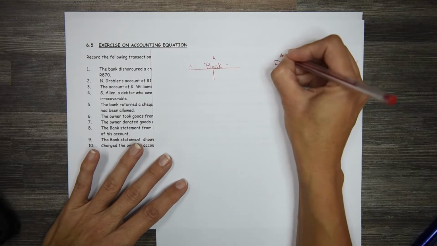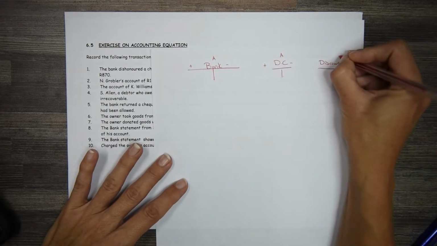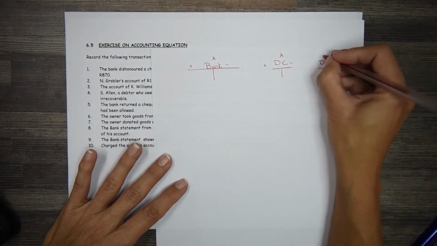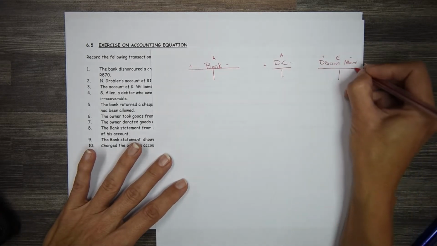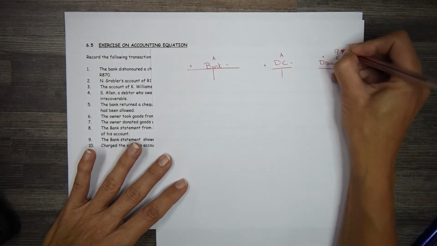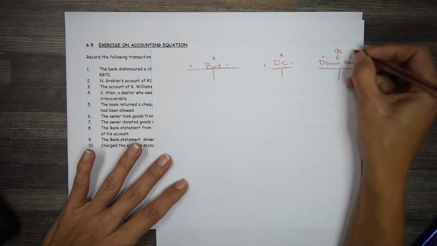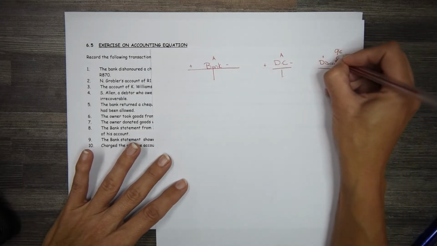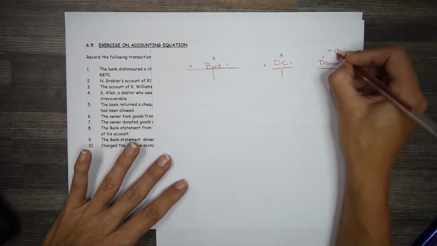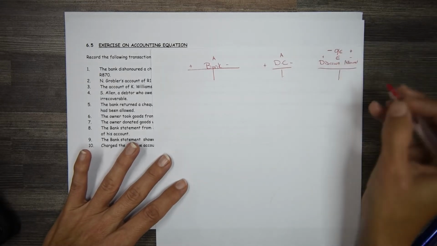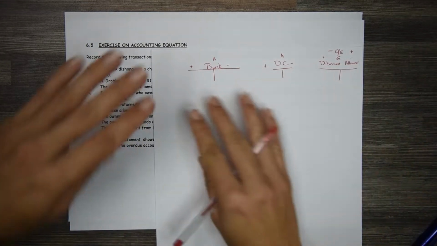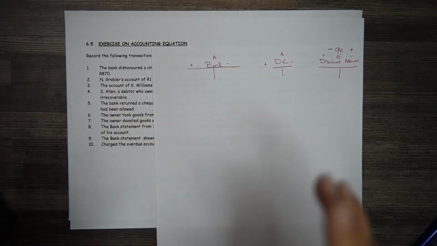Debtors control is an asset, plus minus. Discount allowed is an expense. Remember, when we're referring to expenses as plus minus, if the expense increases, it decreases your owner's equity.